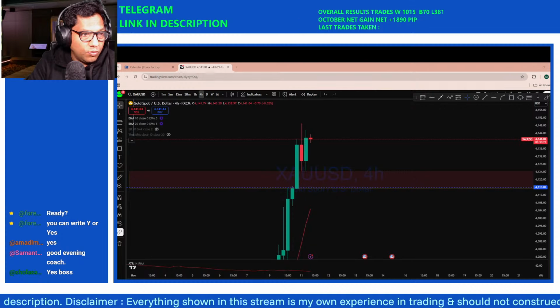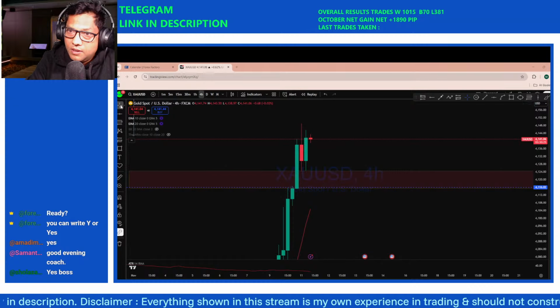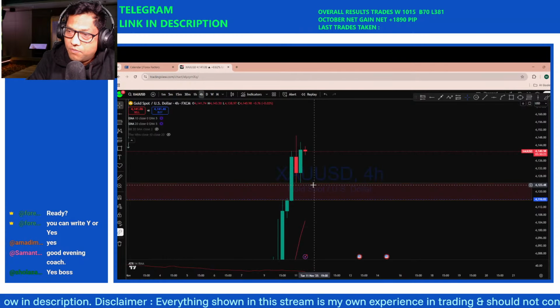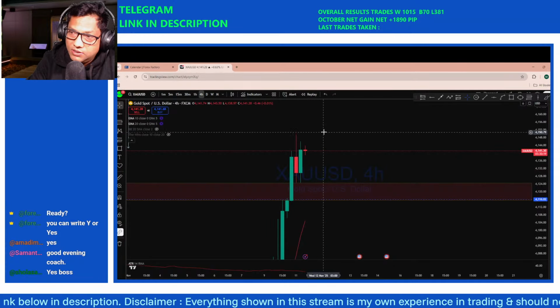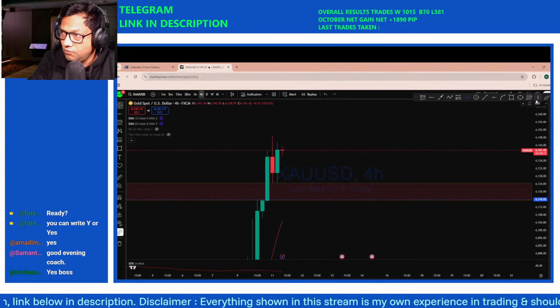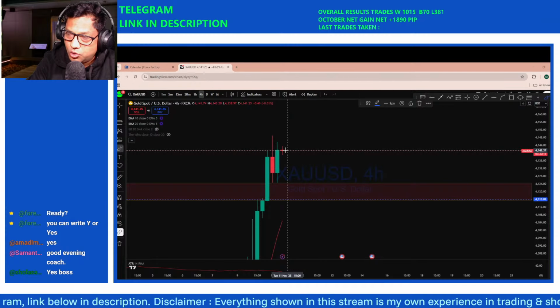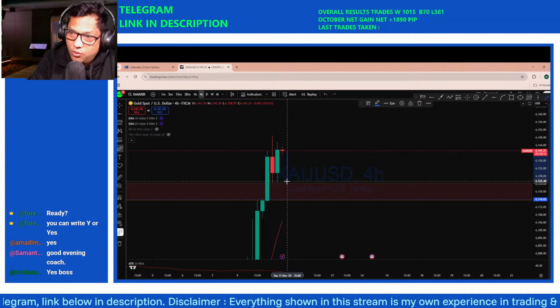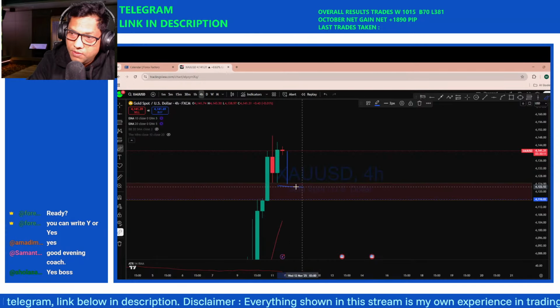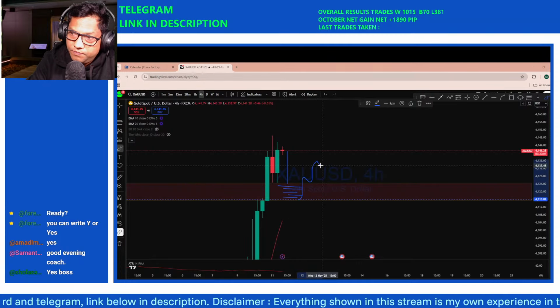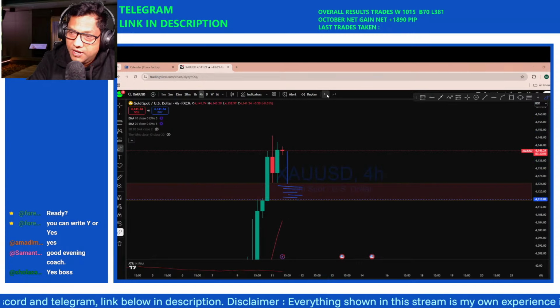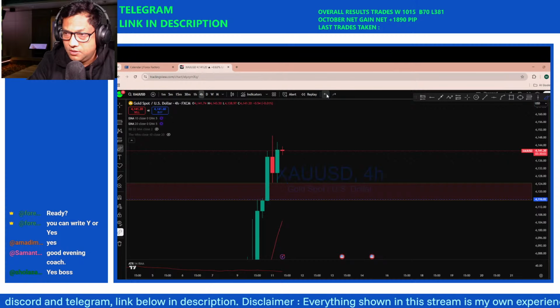Therefore, as the previous 4-hour candle is a bull candle, we are looking at this market to come back below here to retest or even break that low, and then return back again to the upside.